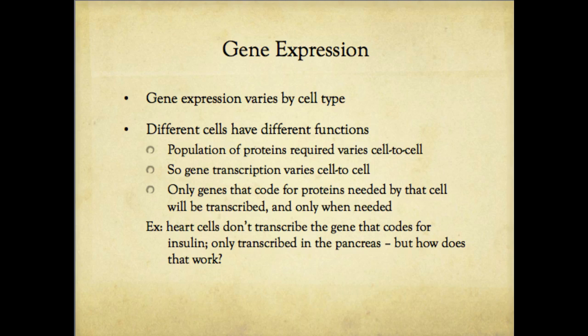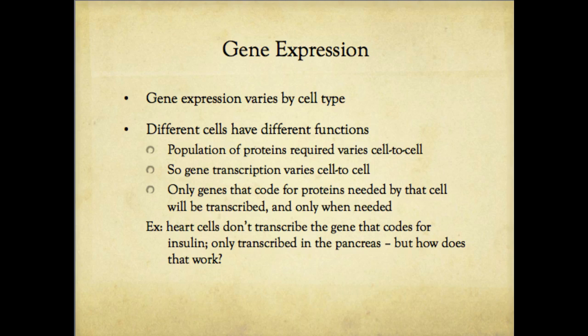So, we know that DNA spends most of its time tightly folded and packed with histone proteins. We also know that gene expression is going to vary from cell to cell. So depending on which genes the cell needs to transcribe and translate, it's going to need to get access to them. Remember, different cells have different functions.